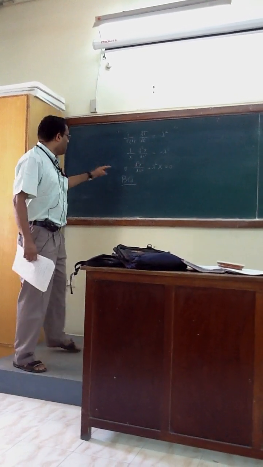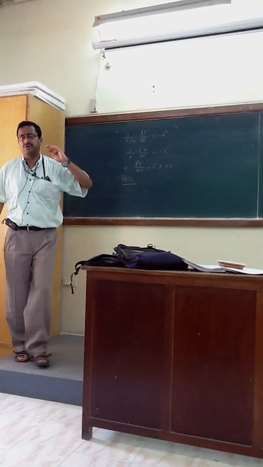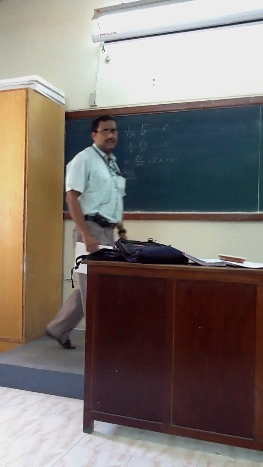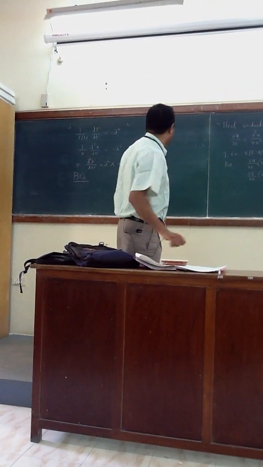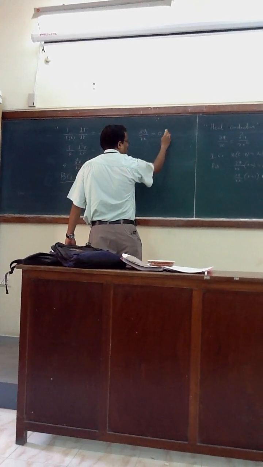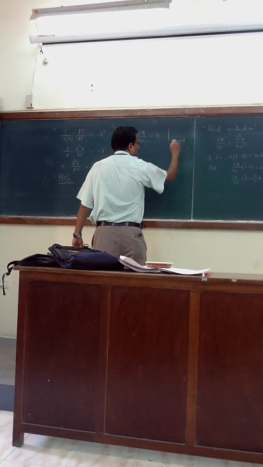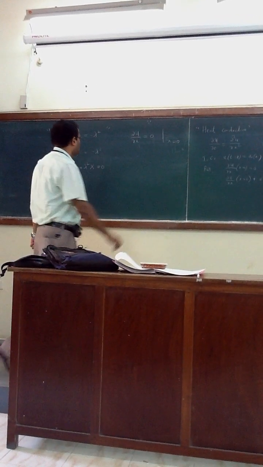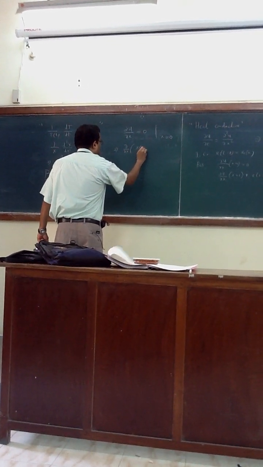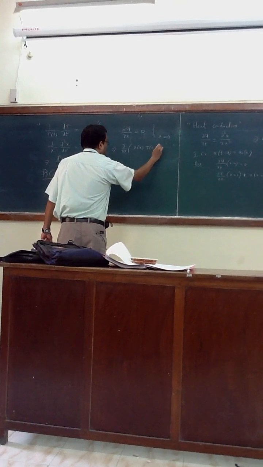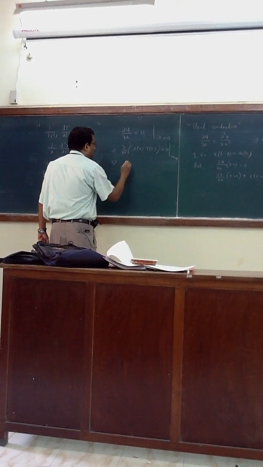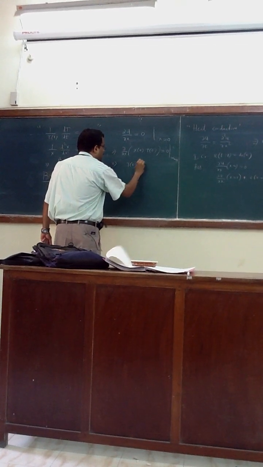My boundary condition should be in terms of capital X, right? So that means we have dou u by dou x equals 0 at x equals 0. What do we write? Dou of X(x) T(t) by dou x equals 0 at x equals 0.